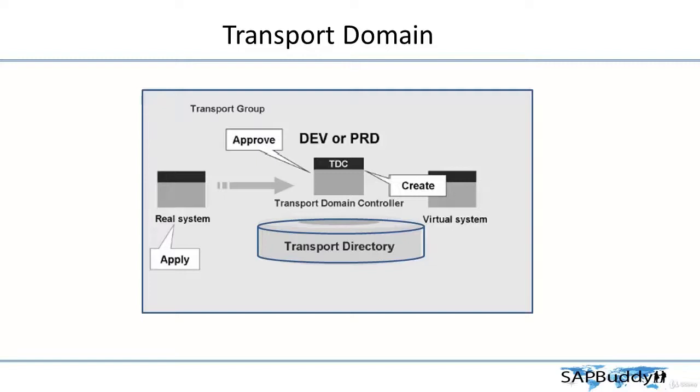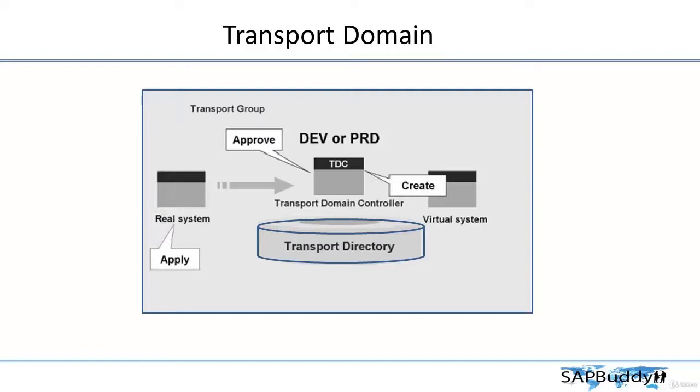During the STMS configuration initialization, it identifies the domain controller of the transport group by this address. If your SAP system does not have a common transport directory, you can manually configure the TMS system by adding the domain controller.